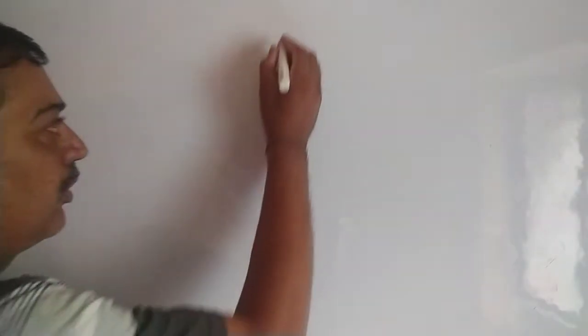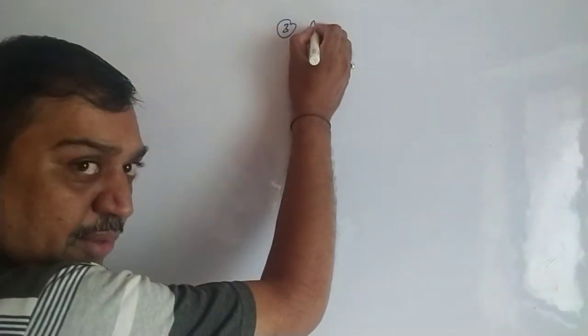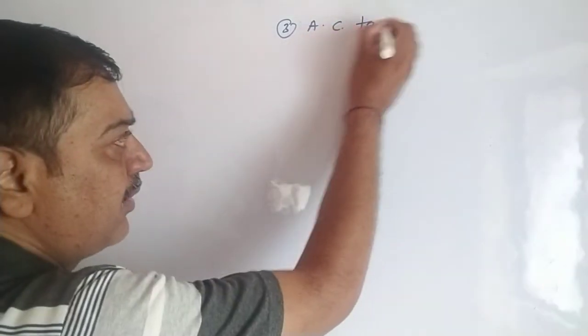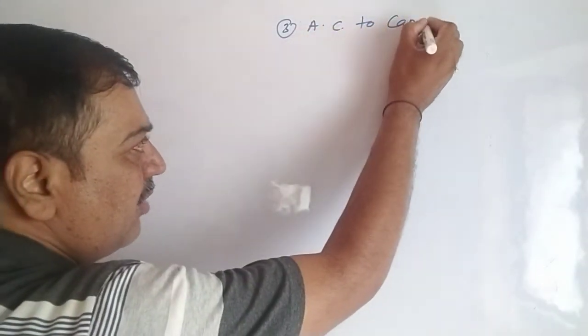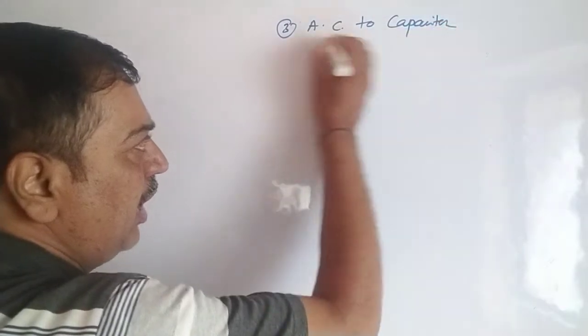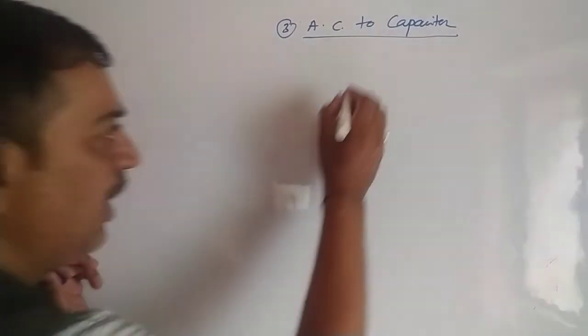Now we have seen AC applied to a resistor and AC applied to an inductor. Now it's time to see AC applied to a capacitor. So see the third part, AC to capacitor. We have a capacitor, which we have learned about in the electrostatics chapter, and AC is applied to it. What will occur, that we have to see.